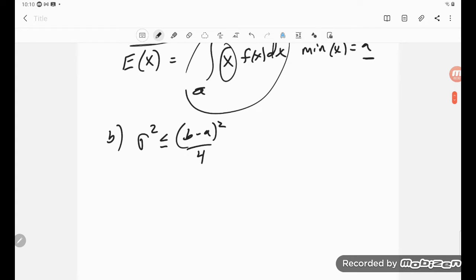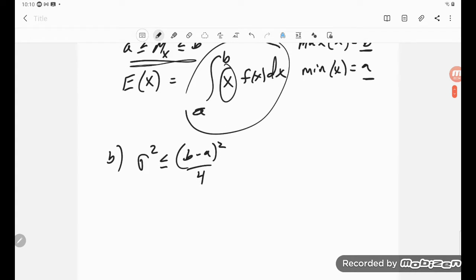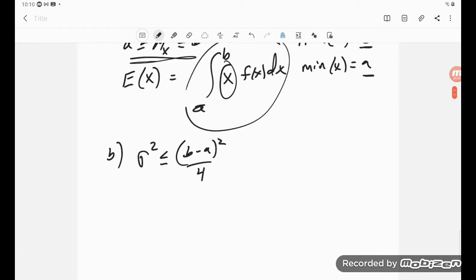Well, again, I'd probably go with the fact that the variance is equal to the expected value of X squared minus m sub X squared.